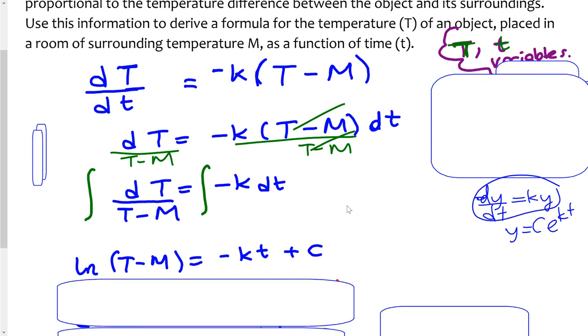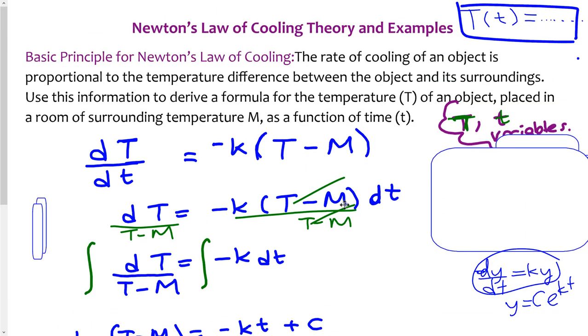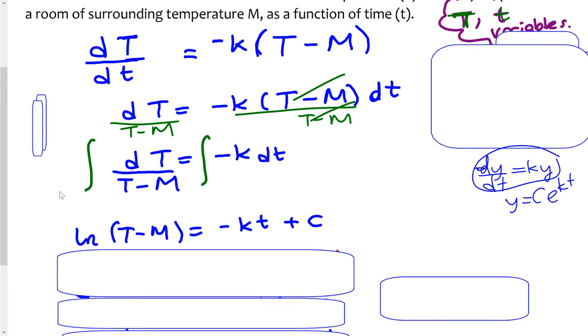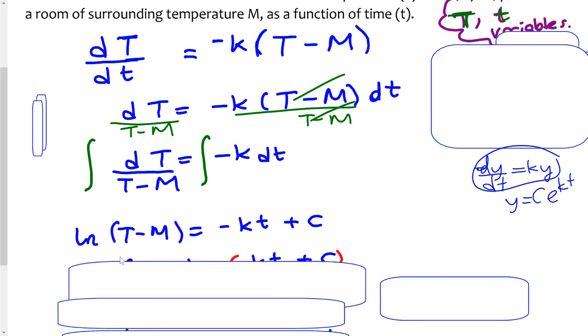Now remember, my goal is to determine the temperature function in terms of time, at any given time. What's the temperature? So I need to solve for T in this equation. And to do that, I need to get rid of the natural log. You may remember this trick from the exponential growth and decay section. I'm going to exponentiate everything. I'm going to say e to this side equals e to that side.